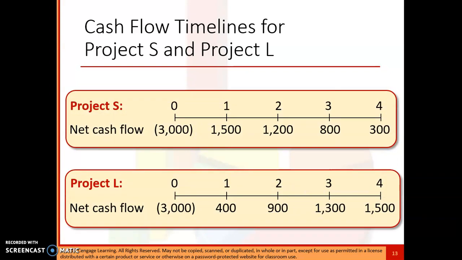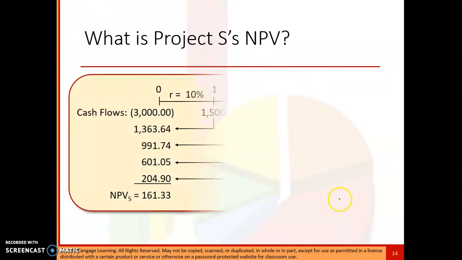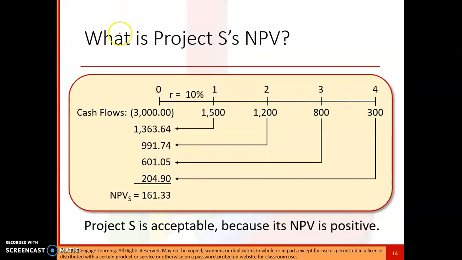So these are just the cash flows on a timeline. Again, we can see that project S is front loaded, project L is back loaded. In this case, project S, our net present value, with a required rate of return of 10%.